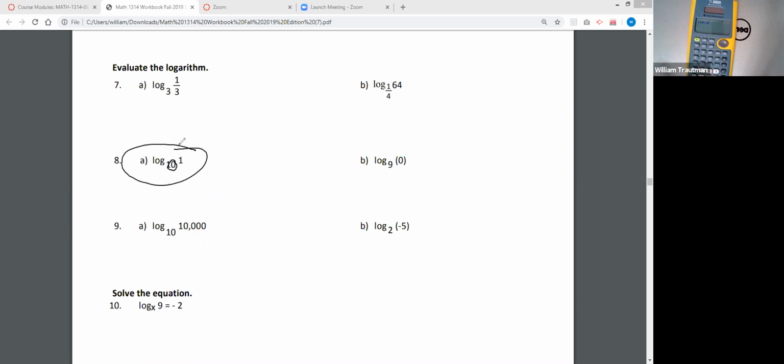So the log of 1, with a base 10 there automatically. When you hit enter, it equals 0. So this one, you didn't have to do anything other than plug it in a calculator. The answer is 0. 10 to the 0 power equals 1.